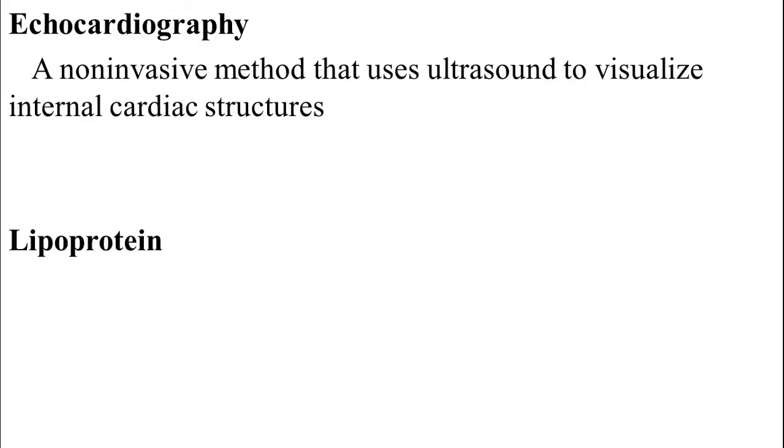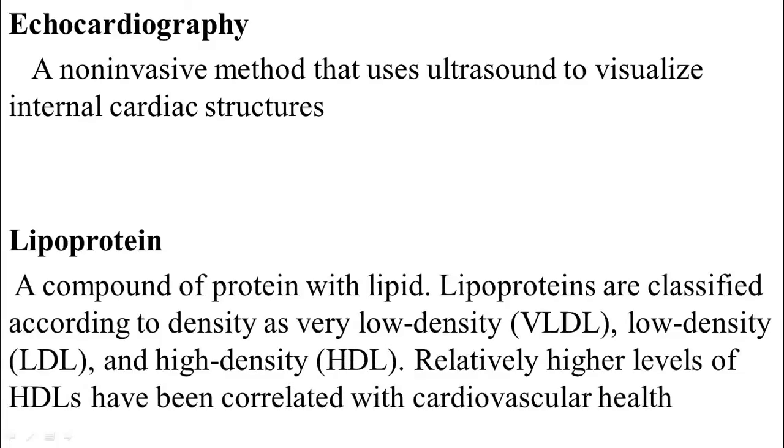Lipoprotein. Lipo means fat, lipid, and protein. So lipoprotein is a compound consisting of two components, lipid and protein. And lipoproteins are classified according to their density. So we have the very low density VLDL, low density LDL, and high density HDL.